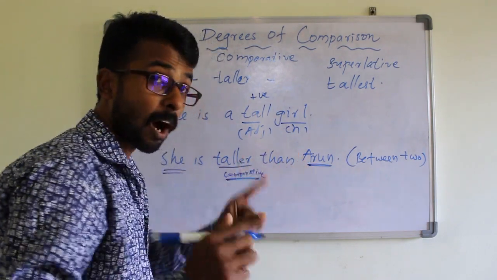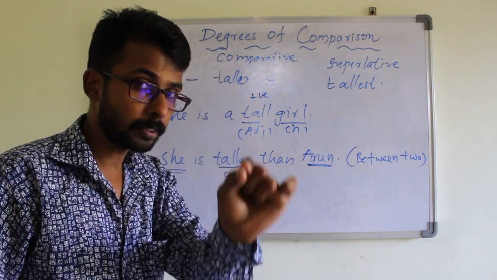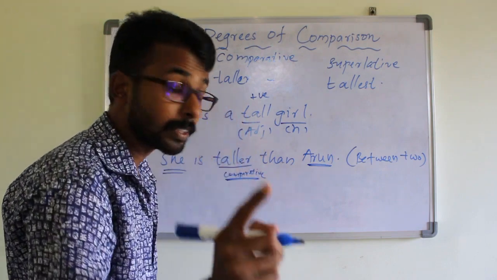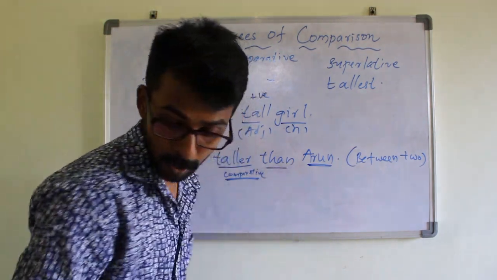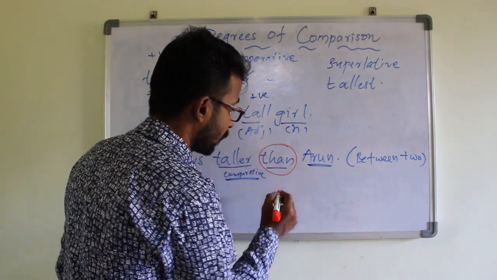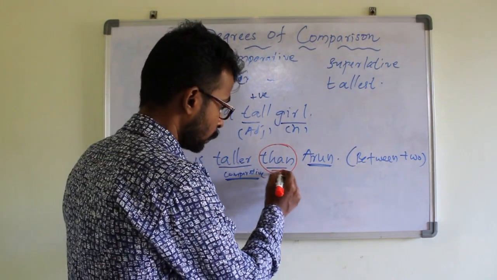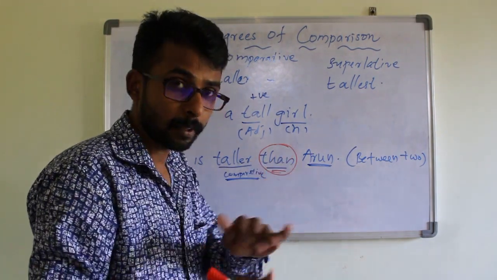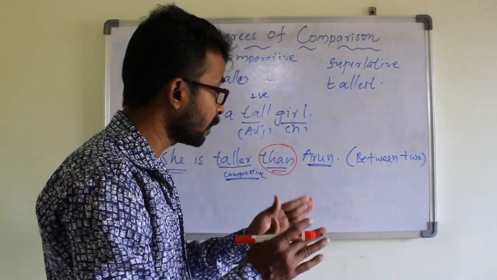In this case, listen once carefully. After the comparative form of the adjective, you should use than. After the comparative form of the adjective, you should use than. Okay, this is a must. This question comes in your 10th class SSC, and even 9th also. They won't ask it directly.